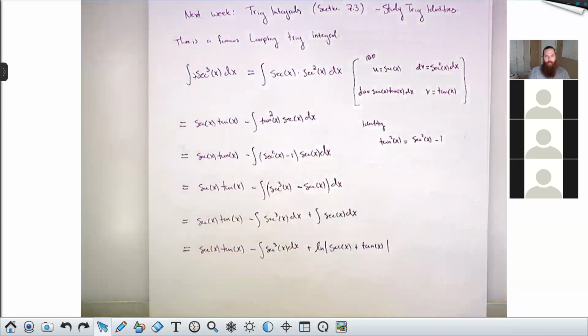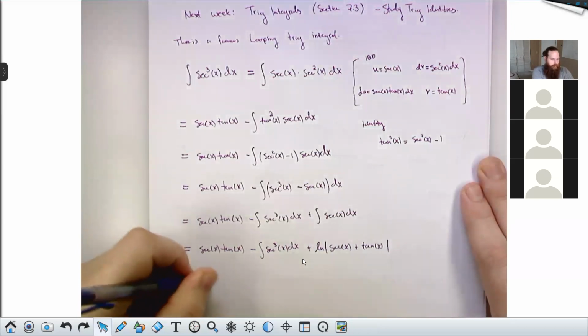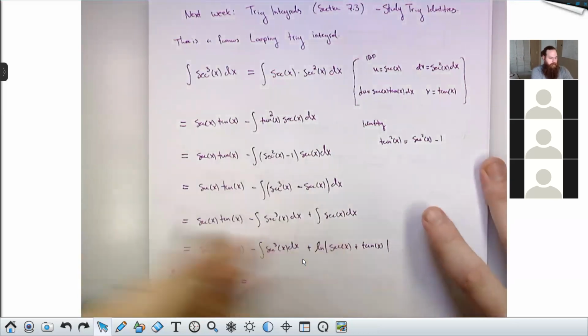So what we have is the integral of secant cubed is equal to some stuff minus the integral of secant cubed. I'll write it in a single line. And I'll put the two pieces here next to each other.